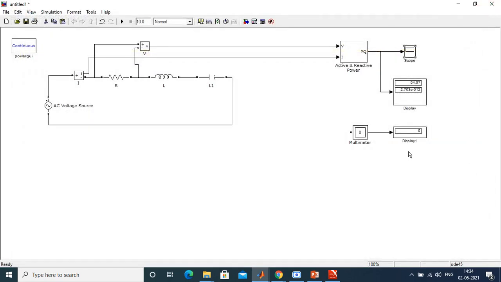So now I need to check the power factor. How to compute the power factor? Here I need to separate the P and Q for the entire circuit. So that's why I need to take the voltage across all the elements.